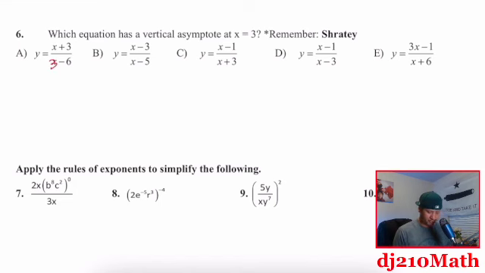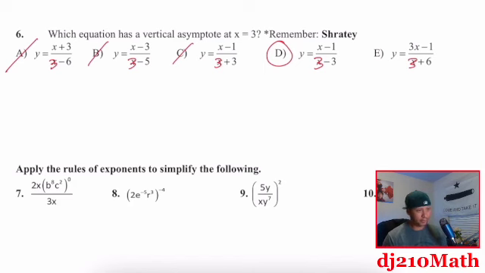So when I plug in 3, okay, that's not 0. When I plug in 3, again, that's not 0. When I plug in 3, not 0. Plug in 3. 3 minus 3, that is 0. This is our guy. And just for giggles, the last one, plug in 3.